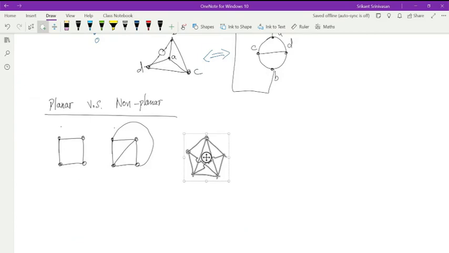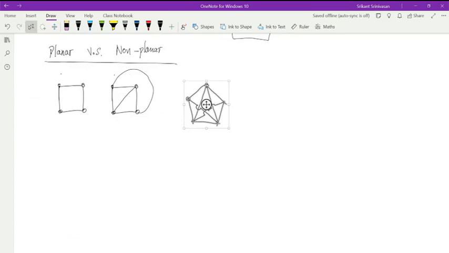So for topological analysis, there are a few definitions that you have to keep in mind. The first is that we talked about what is a branch, and we talked about a node, and we said that the set of branches and nodes gives you what is known as a graph.